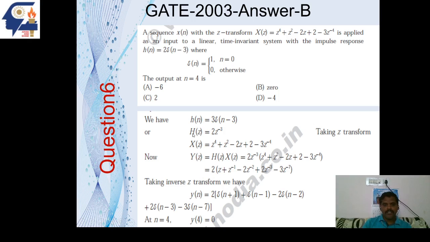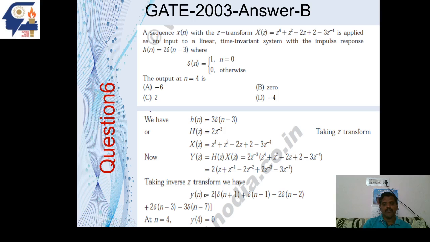What they are asking, the output at n equal to 4, means you have to apply the inverse Z transform on both sides. If you apply the inverse Z transform, 2 stays as it is, z power plus 1 means del of n plus 1, z power minus 1 means del of n minus 1, like this. Now in this equation, replace n equal to 4, since they are asking for y of n at n equal to 4.